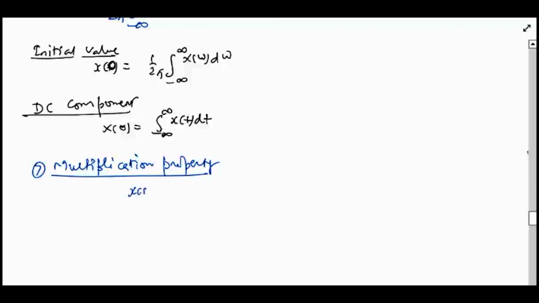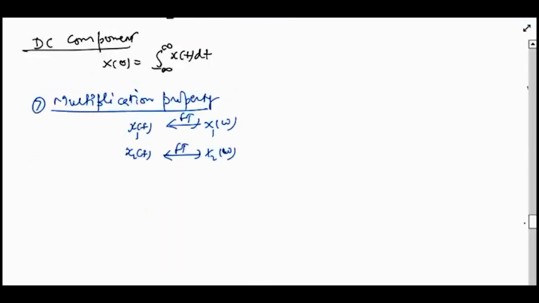It says that if x1(t) has Fourier transform X1(omega) and x2(t) has Fourier transform X2(omega), then the product of the two time domain signals, that is x1(t) times x2(t), will have Fourier transform which will be 1 over 2 pi times the convolution of X1(omega) and X2(omega), that is X1 star X2(omega).